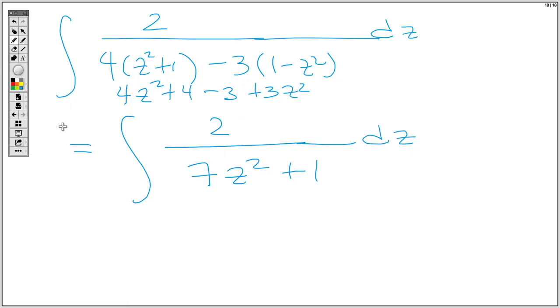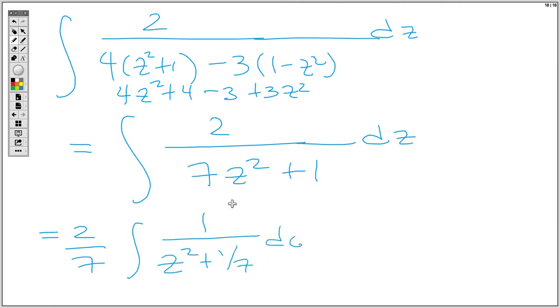And I can take the 2 out and take the 7 out. I'll be left with 1 over z squared plus a 7th dz. And this is an inverse tangent form.